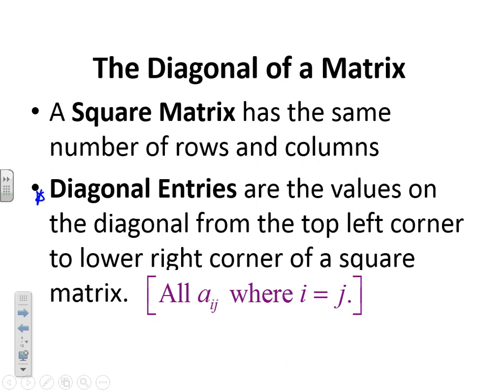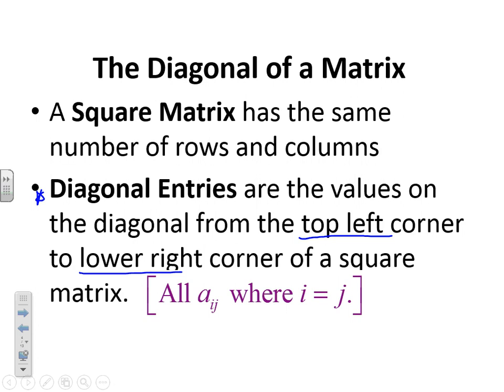Anybody that's played tic-tac-toe knows there's more than one way you can do a diagonal. In this case, the diagonal of a square matrix is always done the same way. It goes from the top left corner to whatever is in the lower right corner.